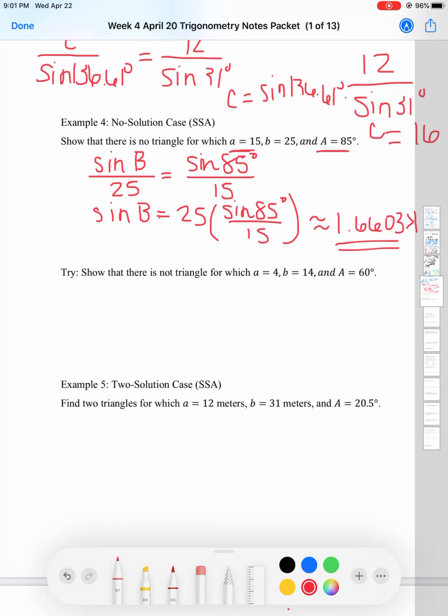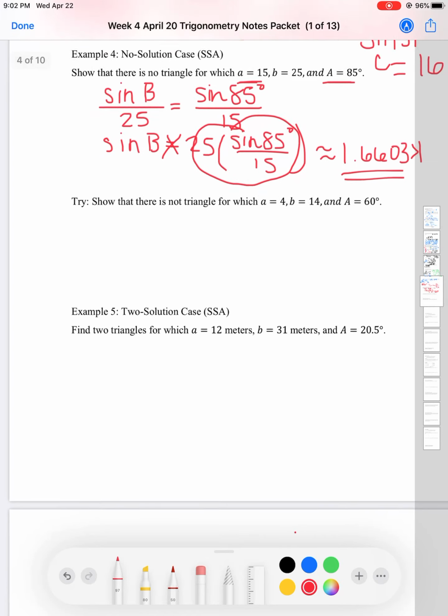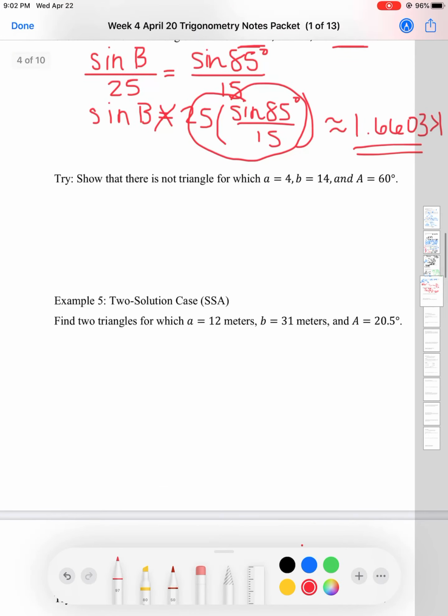Now, 1.6603 is greater than 1. If you guys remember, sine and cosine never venture outside of 1 or -1. So this right here shows that there is no solution because this cannot be equal to sine B. Okay?